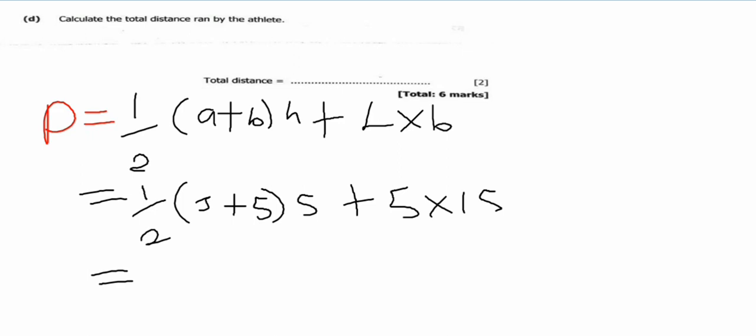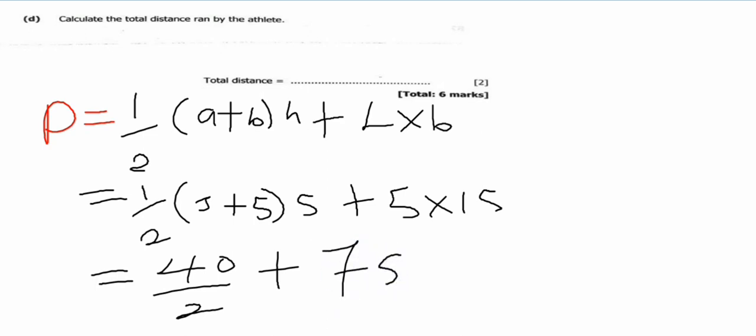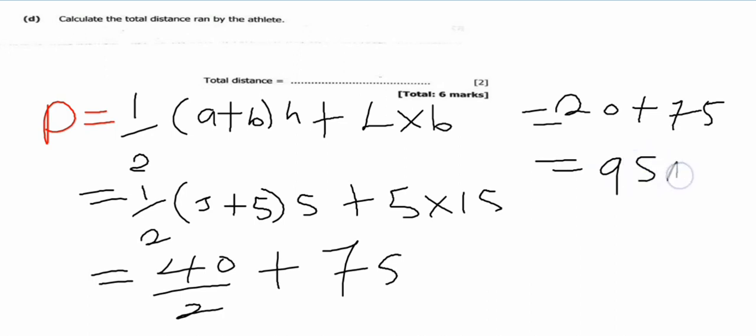Then 40 multiplied by 1 over 2, that is 40 divided by 2, plus 15 multiplied by 5, we are going to get 75. When I divide 40 by 2, I'm going to get 20. So here we have 20 plus 75. When I add, I'm going to get 95 meters.